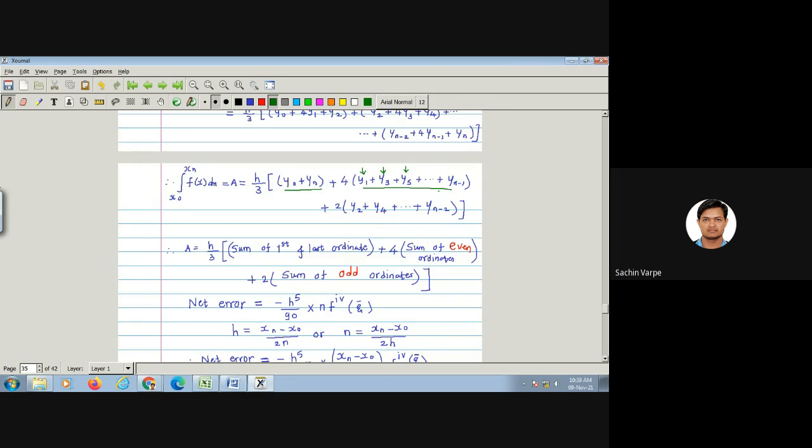That is why they are even ordinates. And plus 2 times the sum of odd ordinates, like this one is on third place, this one is on fifth place. That is why they are odd ordinates. So that is what we're doing here, Y0 and Y4 in this particular problem.